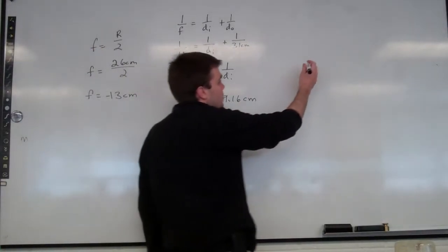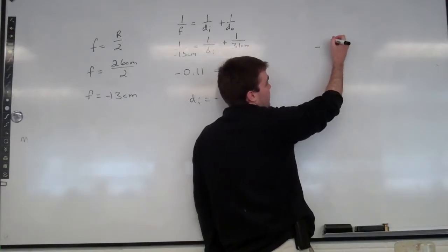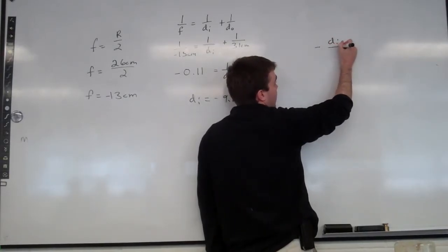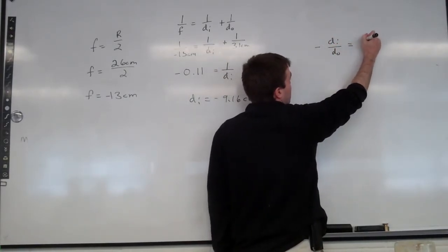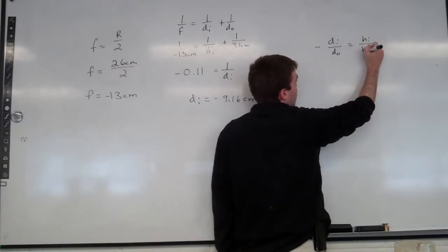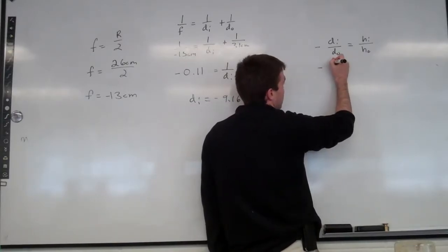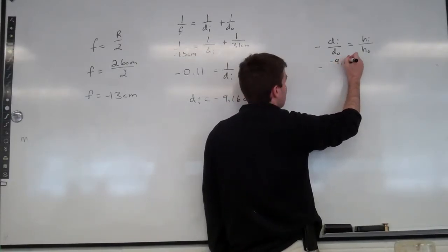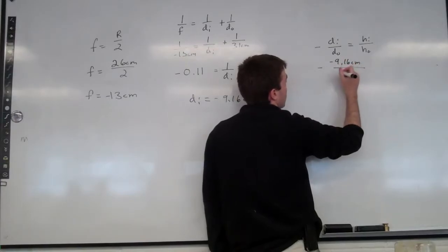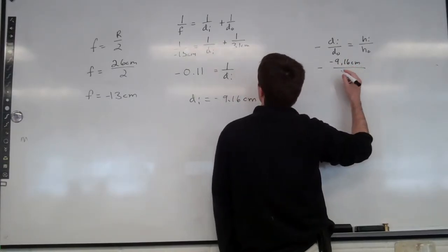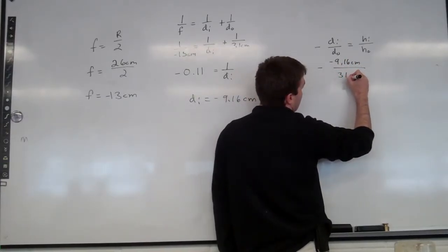With the equation we can use now, we can use part of that magnification equation. We can use negative di over do equals hi over ho. So we got di is negative 9.16 centimeters over do, which is 31 centimeters.